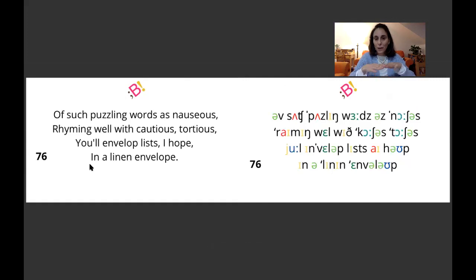Of such puzzling words as nauseous, rhyming well with cautious. Fijaros. Are these 3 words completely different, apparently, in spelling, but the sound of the consonants that are at the end and the vowels are the same.